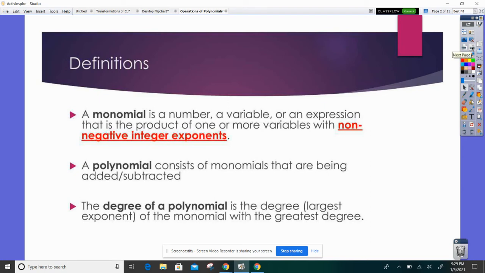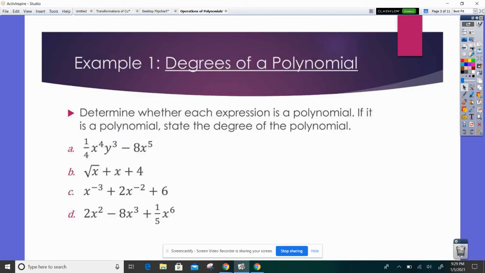So the first thing that we're going to do with these definitions is we're going to determine whether the expressions shown below are polynomials. Okay, so if they're made up of monomials. If it is, we're going to state the degree of that polynomial. So the first example we have says 1/4 x to the fourth y to the third minus 8x to the fifth.